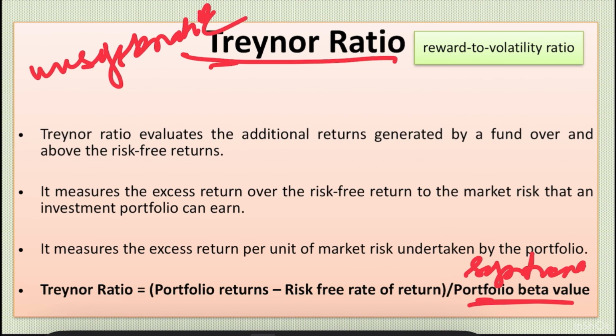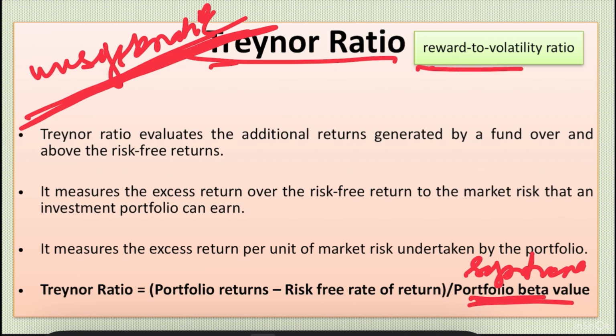So whenever you diversify your portfolio, this unsystematic risk can be managed, or it can be mitigated, and there's only one risk, that is systematic risk, right? Everything else is the same as the Sharpe ratio. This ratio is also known as the reward to volatility ratio, right?